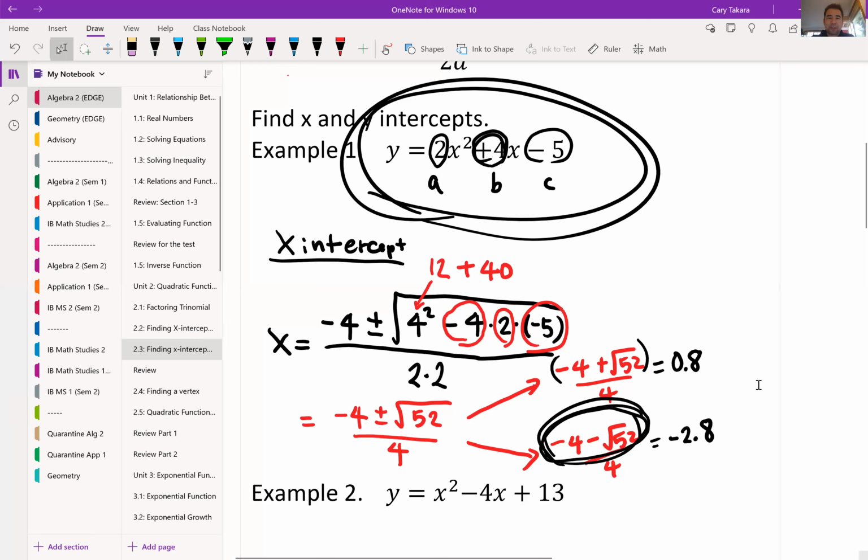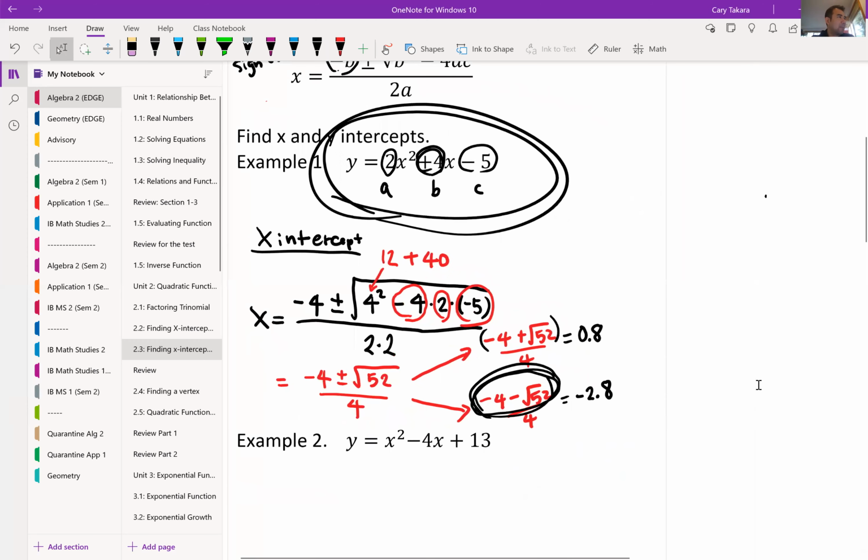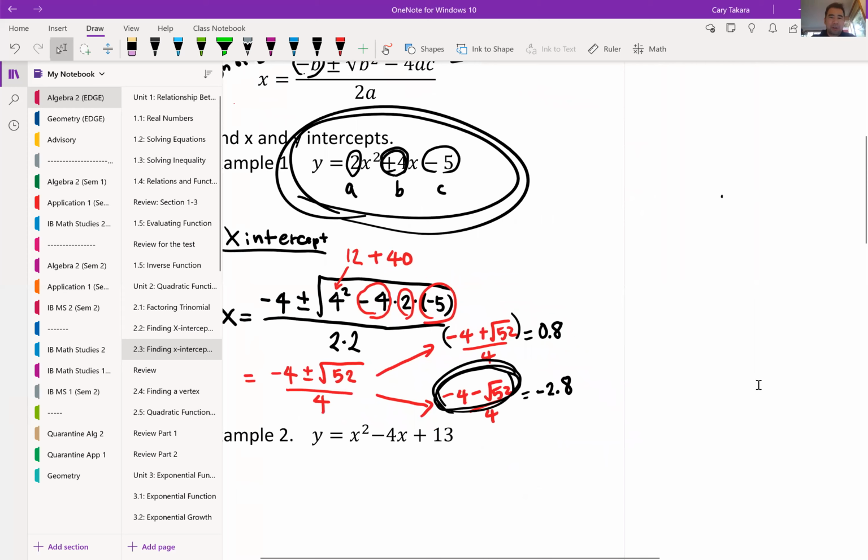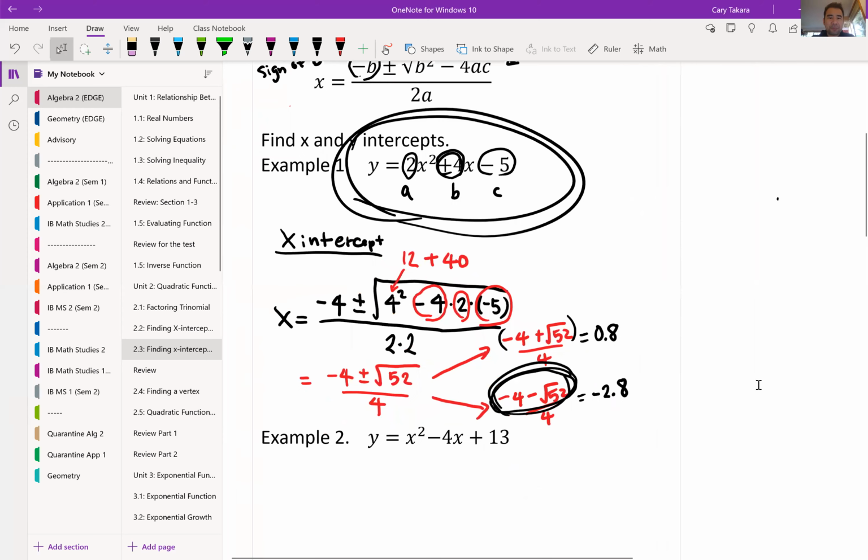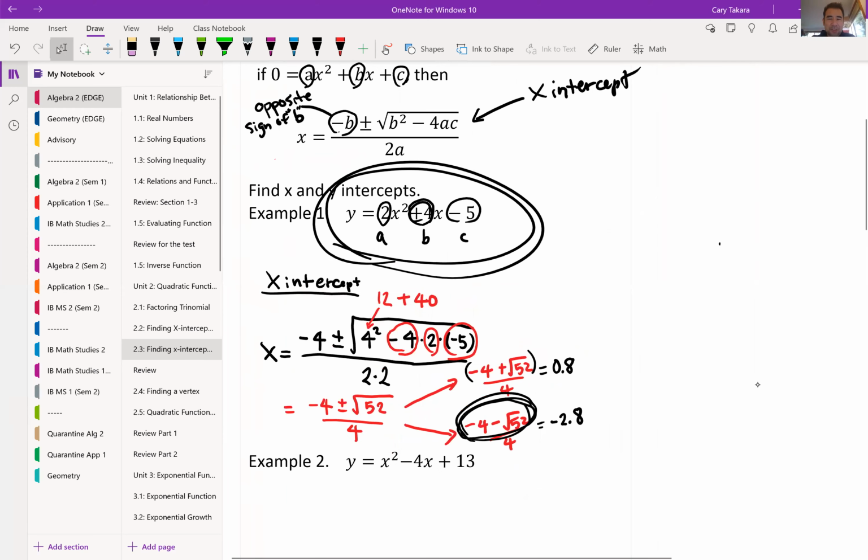Now, what is y-intercept? Parker asked the question. Y-intercept is still the same way as yesterday. How do you find a y-intercept? You set x to 0. Remember that, guys? So let's plug in 0.